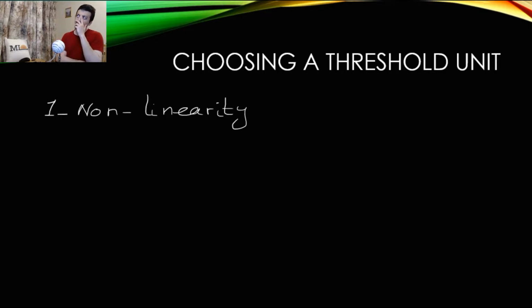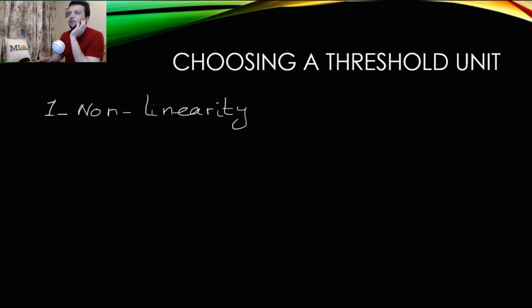So it means that the error has to be differentiable with respect to those parameters. In order for gradient descent to work in a neural network, all the functions that you're going to have in your neural network have to be differentiable.